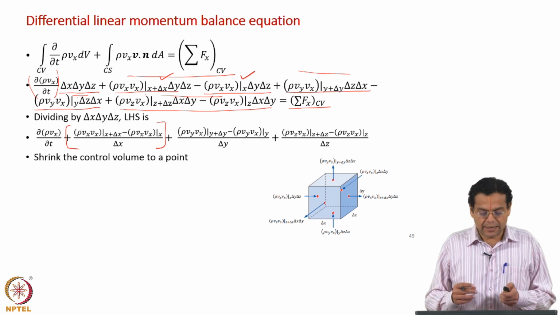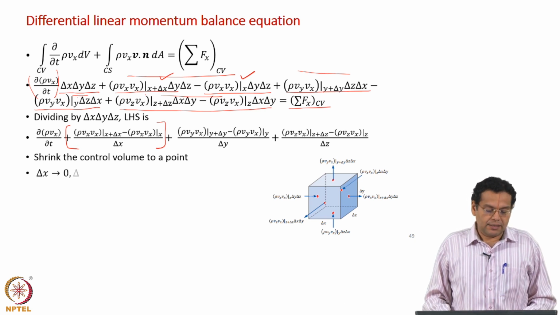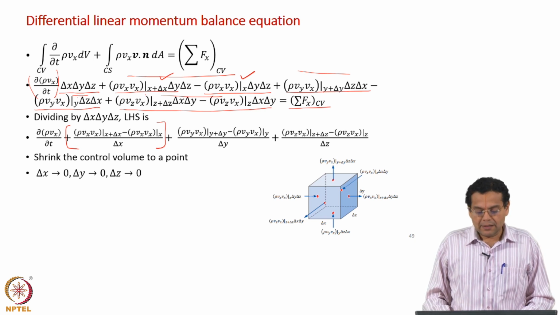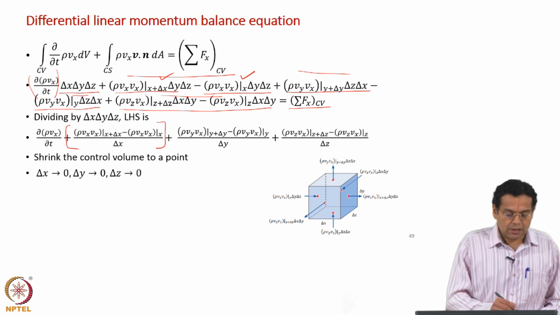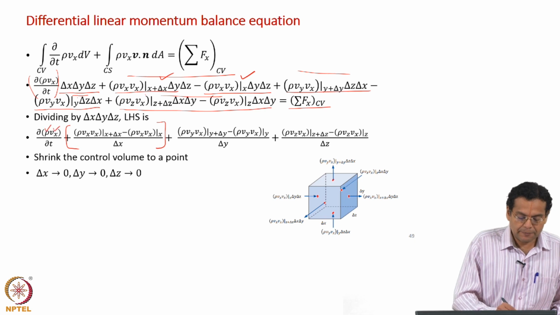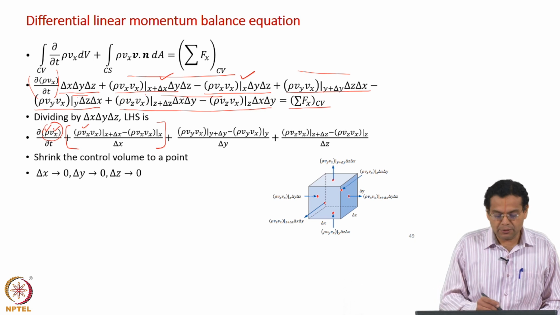So every length along every direction also goes to 0, and what happens now is that all these were average values within the region, they become point values.